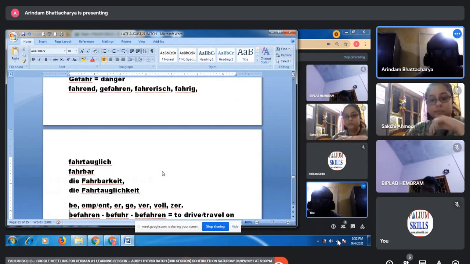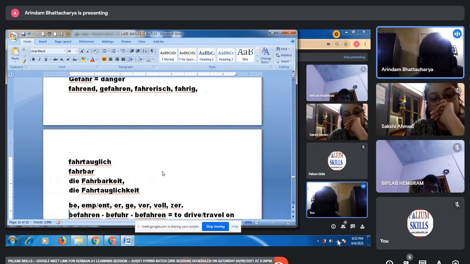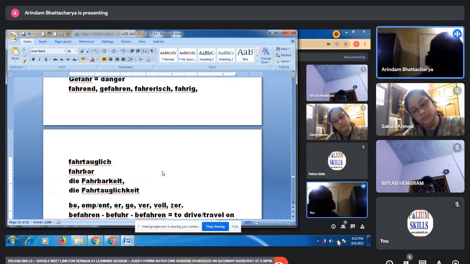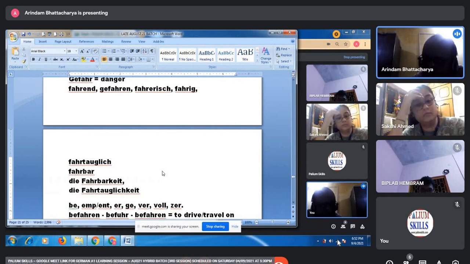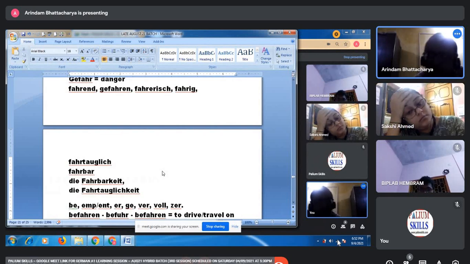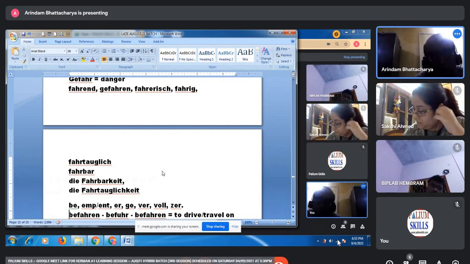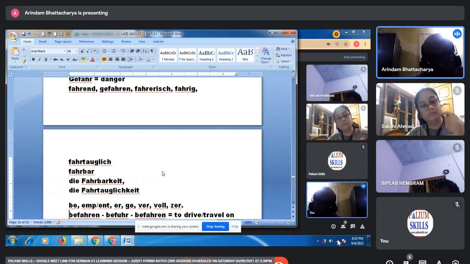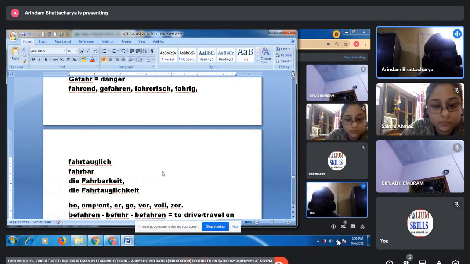So we see the attachment of lich, which is a suffix, particularly an adjective and adverb producing suffix, and keit, a noun producing suffix. From fahrtauglich, which is an adjective, we get Fahrtauglichkeit. And this fahrtauglich comes from fahren.